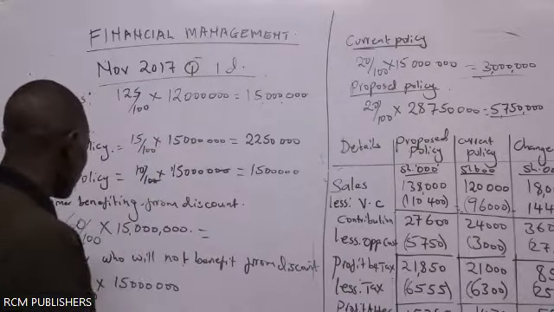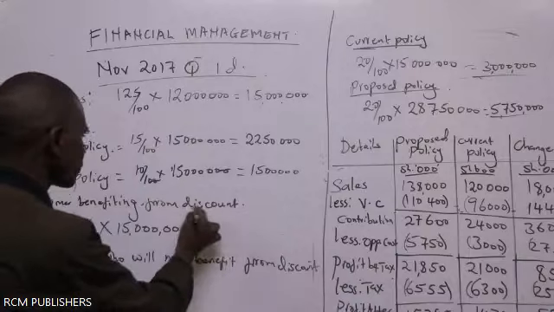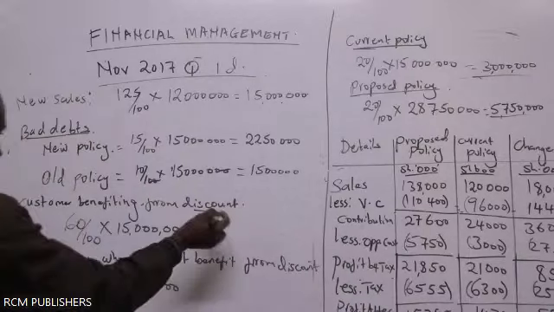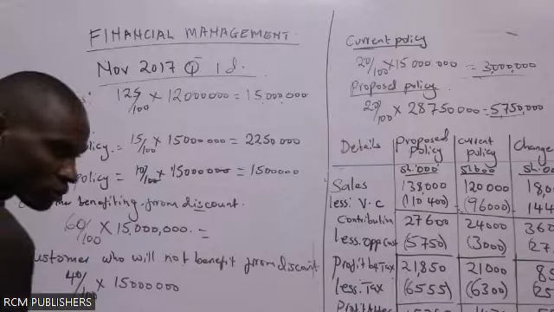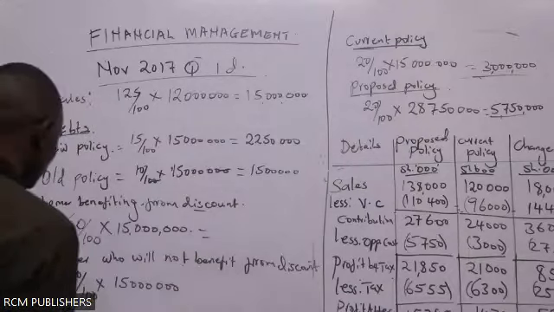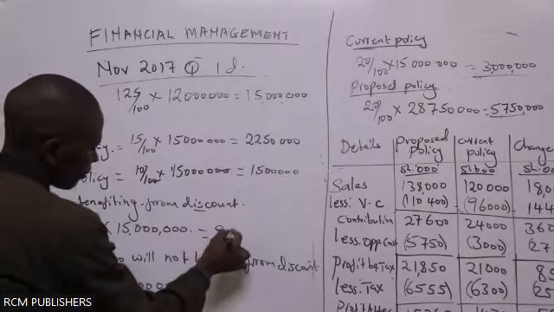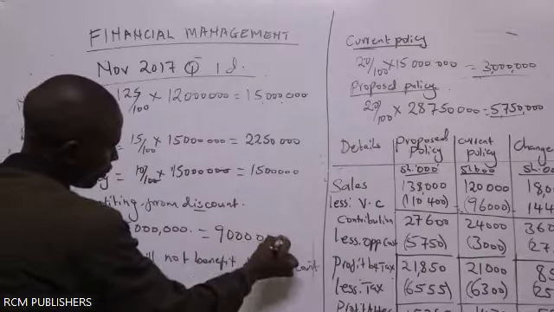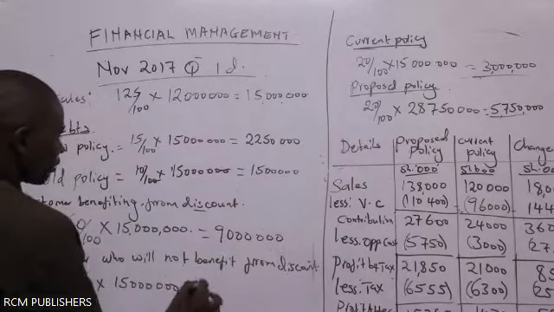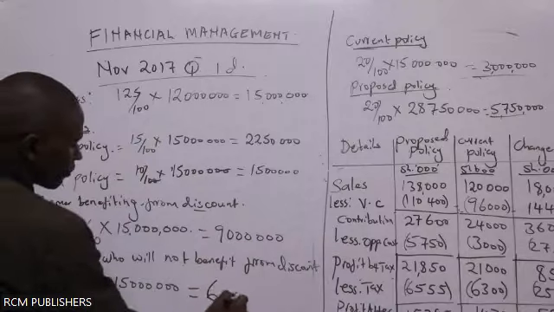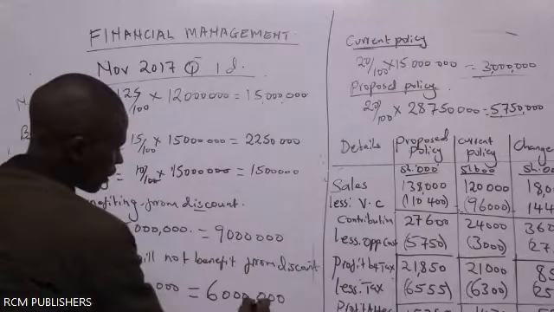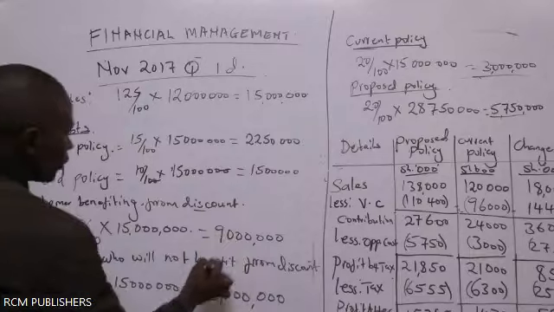So give me the number of benefits here, the customer, whatever the value is. 60% of 15 is how much? 9. I get 9 million. Because this and this must be 15, this one is 6. Everything must be 100%, which is 15 million.